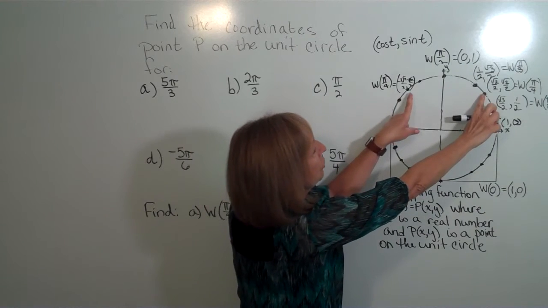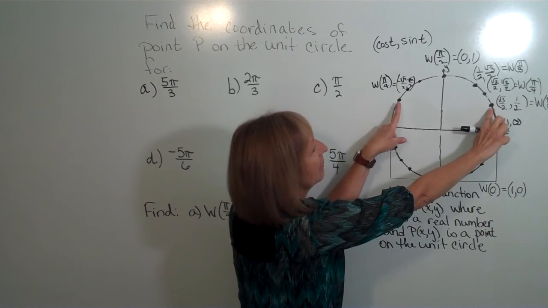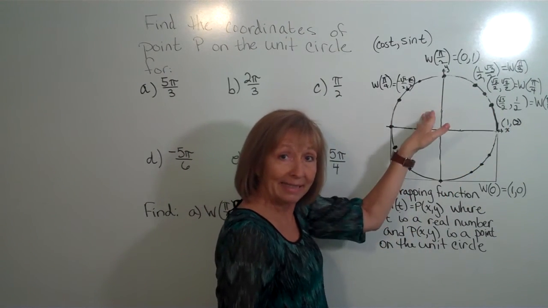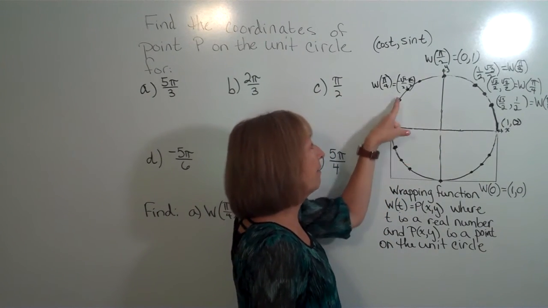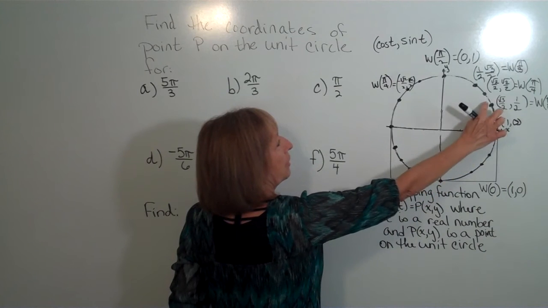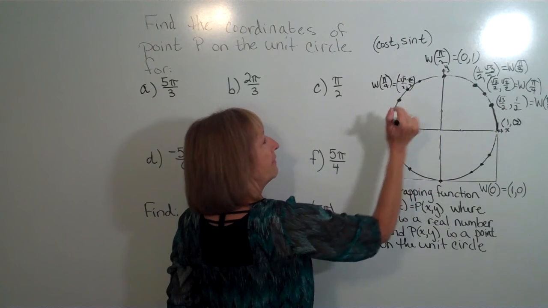And symmetry then gives us that the pi over 6 that lands into the second quadrant, I have to go left and up. So this is 1/6, 2/6, 3/6, 4/6, 5/6.